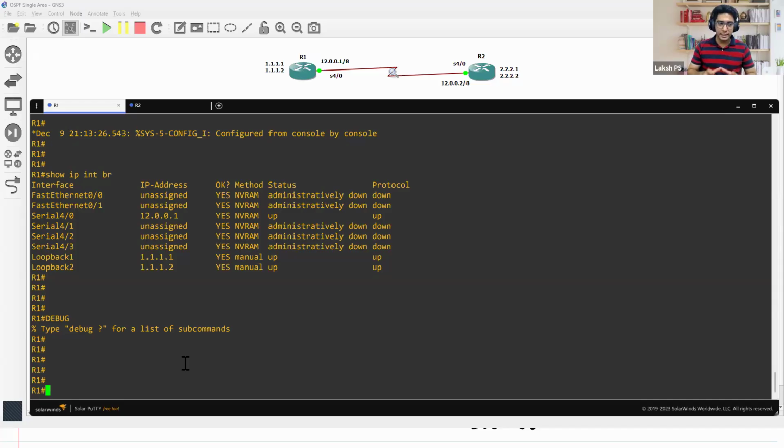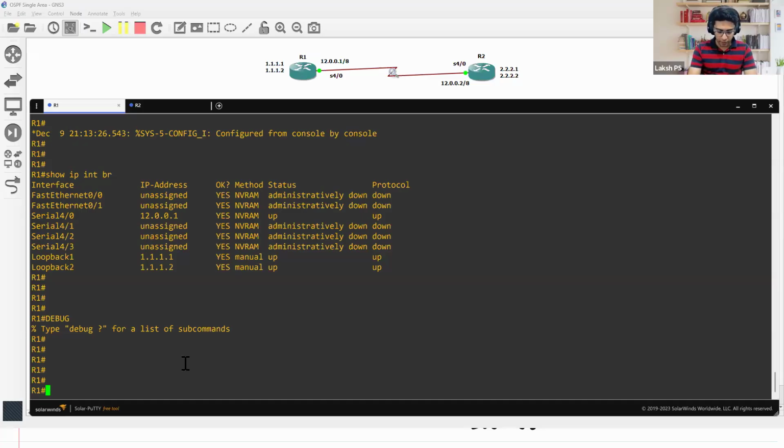So here I'm telling the router to debug OSPF processes, so that whatever OSPF process happens, it will show us on the CLI. That is what debug means.